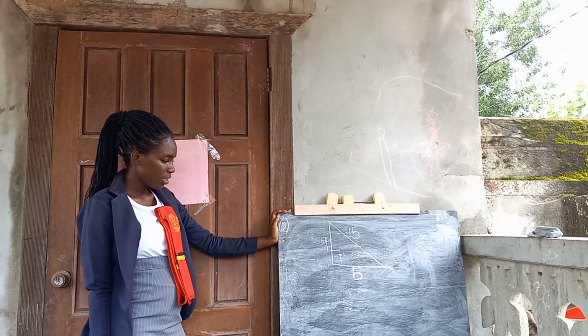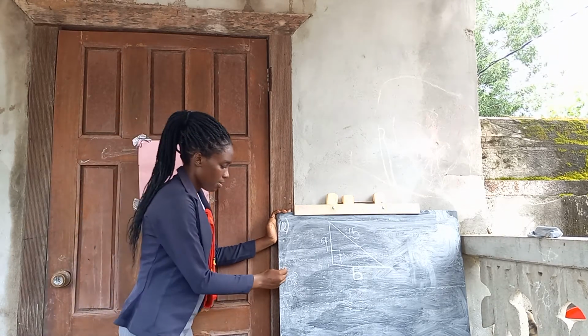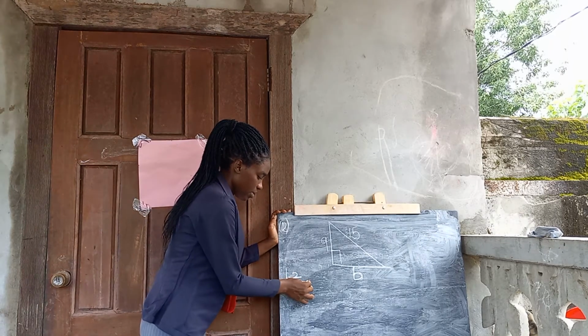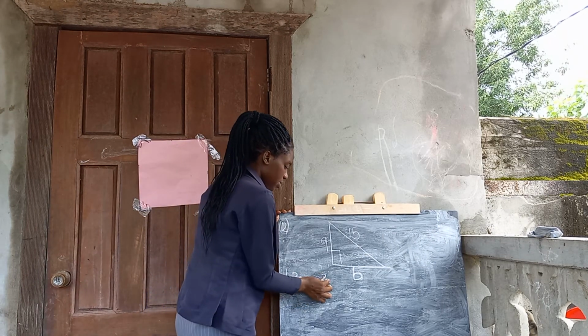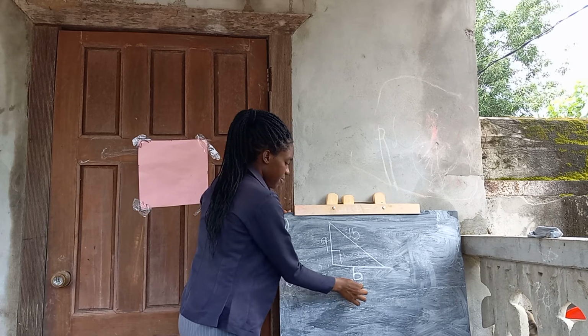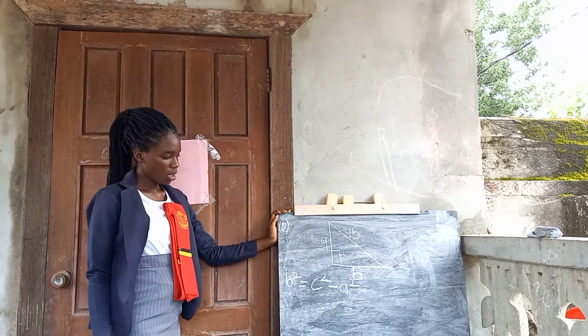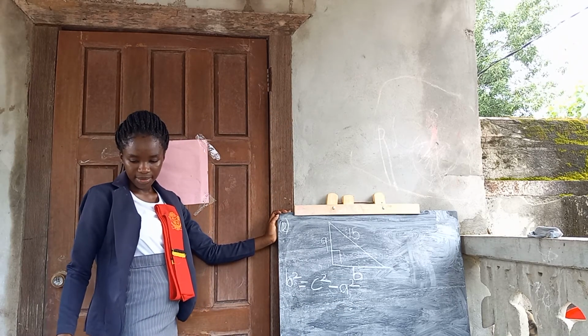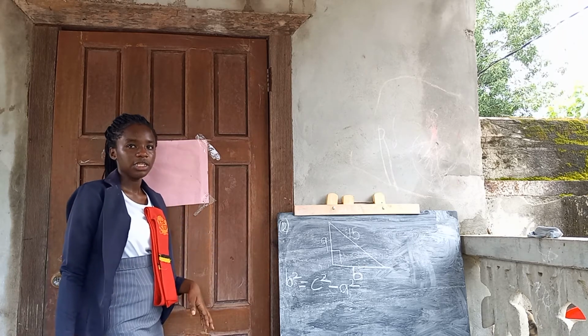Damiana, what formula did you use? B squared is equal to C squared minus A squared. Okay.